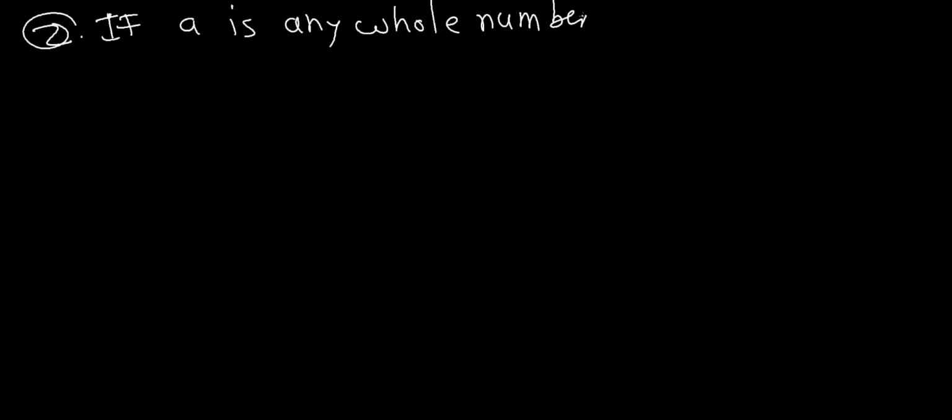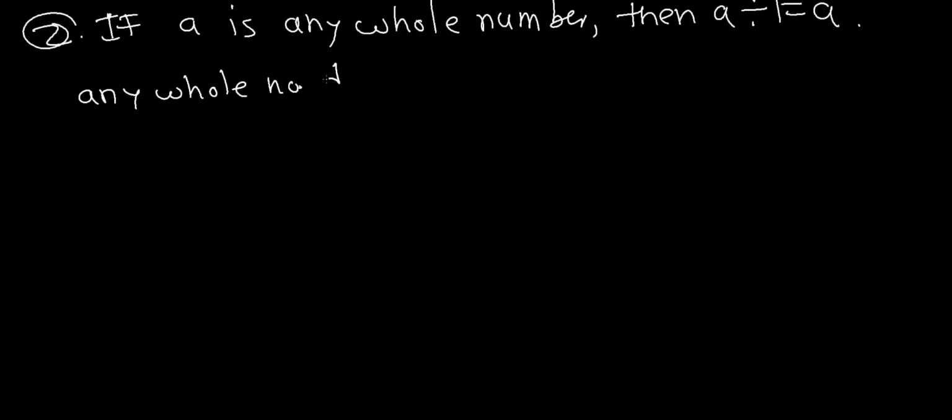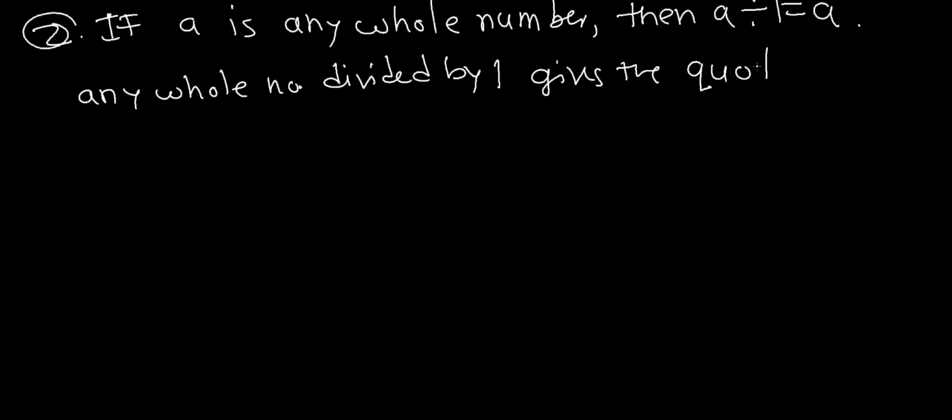So now the second property, if A is any whole number, then A divided by 1 is equal to A. In other words, we can say that any whole number divided by 1 gives the quotient as the number itself.